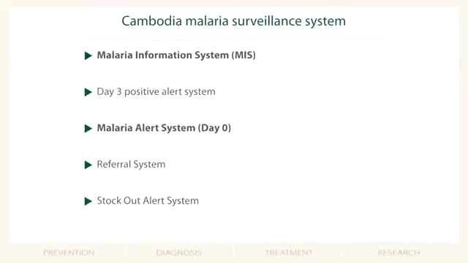And the third tool we call the malaria alert system, we call DESRO. It gets the idea from the DESRO positive alert system that we cooperated with the INSTEAD organization to help us develop. The same thing for the referral system and stock alert system, we also cooperated with INSTEAD to help us do it.